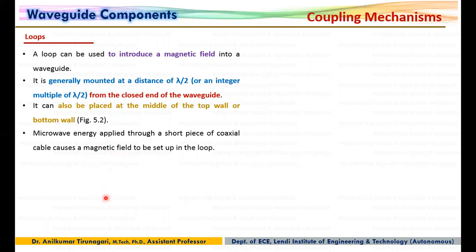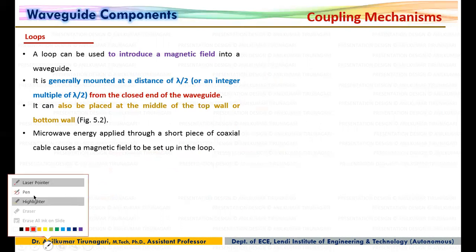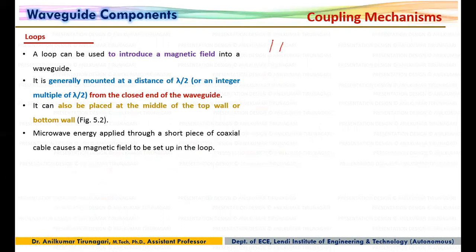Because wherever a loop is there, as we know from the loop antenna, a current carrying conductor will be there. Whenever the current goes into this loop along this direction, the magnetic field will be produced. So the purpose of the loop is to produce the magnetic field. This magnetic field can be coupled at a maximum location in the waveguide so that the maximum energy can be launched in the waveguide.